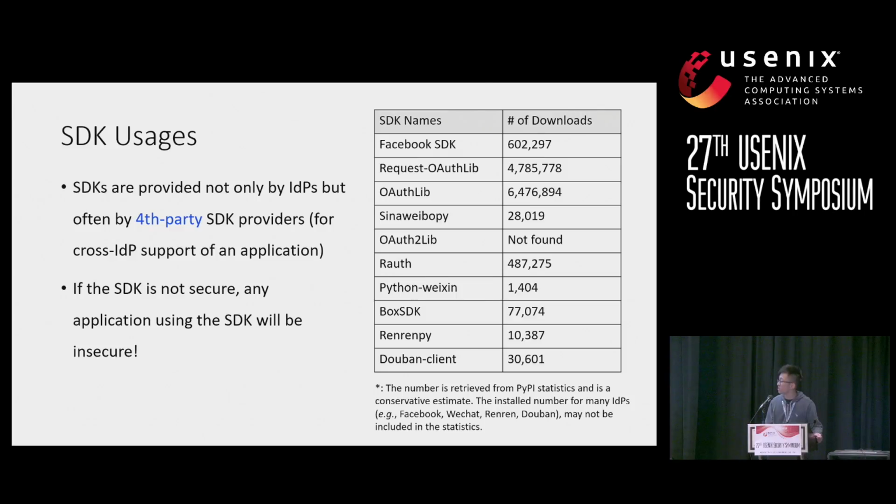As you can see in the table, some SDKs enjoy millions of downloads, like the Request OAuth library and the OAuth library. Those numbers are just a conservative estimate, and the downloads are by developers, not by end users. So if these SDKs are not secure, any applications using the SDKs will be insecure.